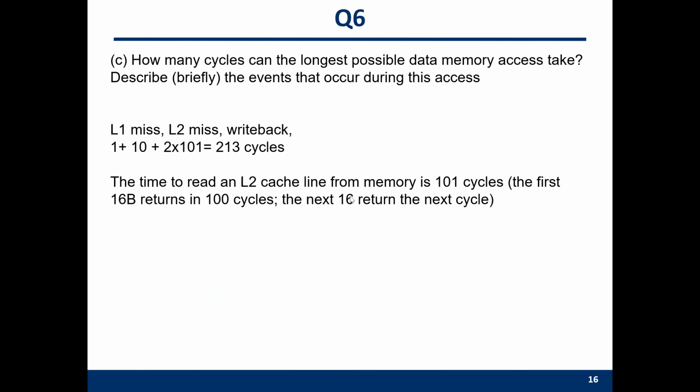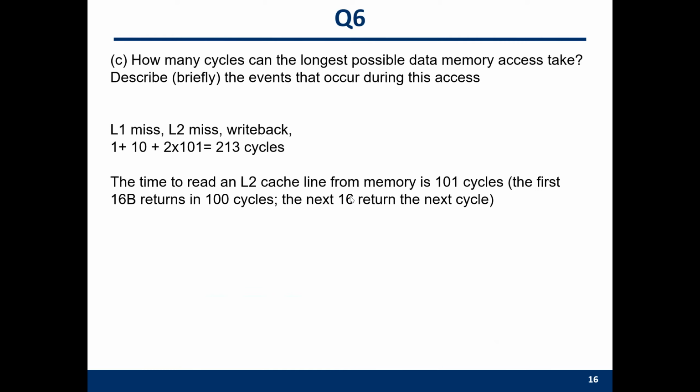When you have a miss in the L2, you will go to the memory. Because the L2 is write allocate, after you get the data from the main memory, you need to write the data into the L2.